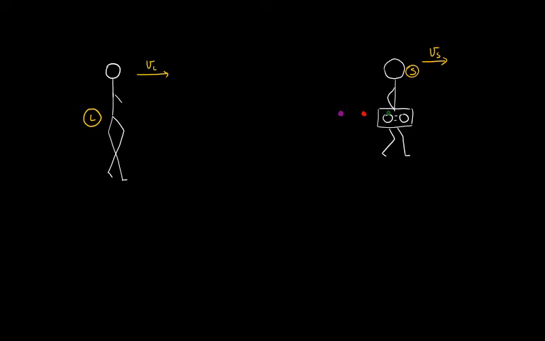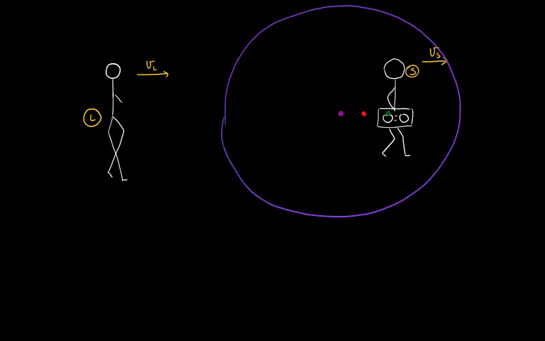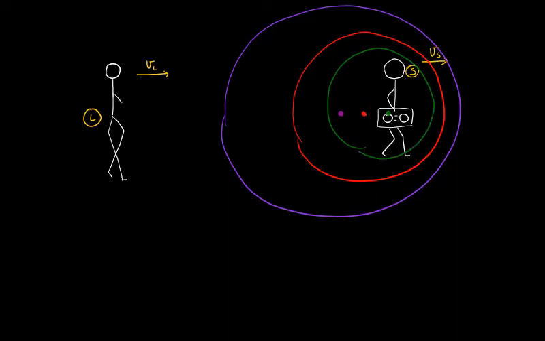When the source was at the purple point, the wave would have been this circle right here. Then when it moved, the circle would have been this one right here. And then for the green, we would have this circle.